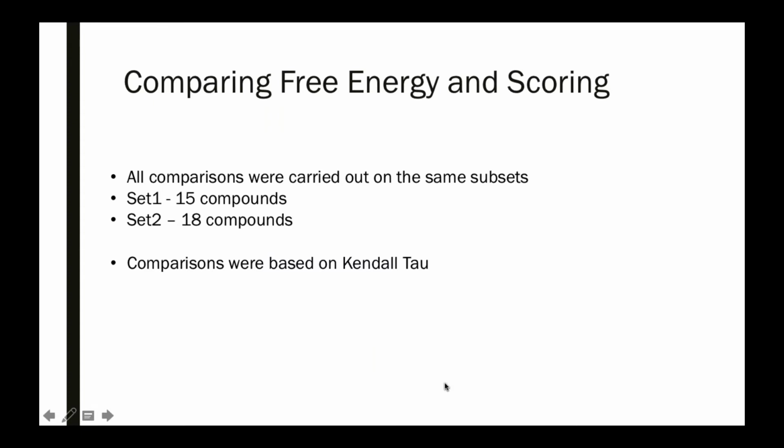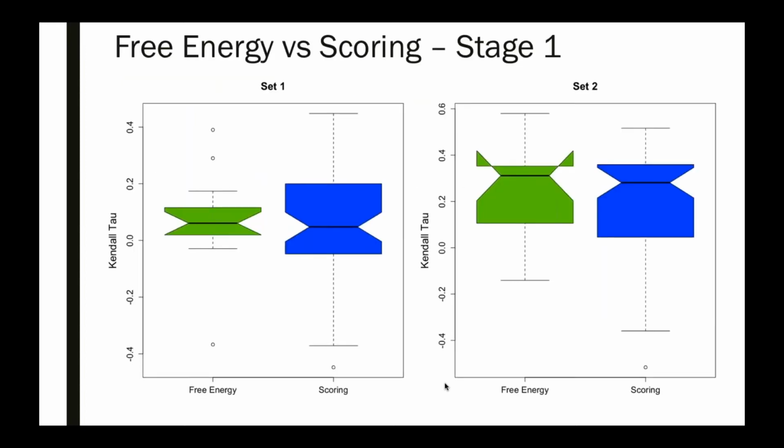error less than 1.5 kcals. Now let's take these two sets and compare based on the Kendall tau, the performance that we got from free energy versus scoring. Since it wasn't really possible to compare the errors for the scoring, we're just going to compare the correlations.